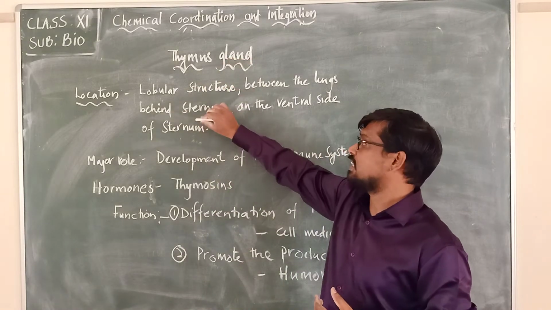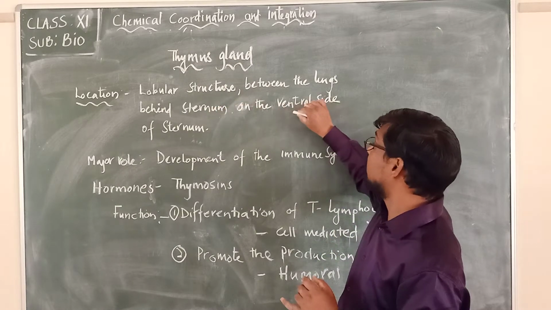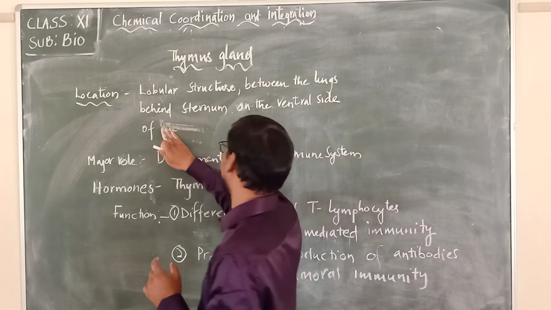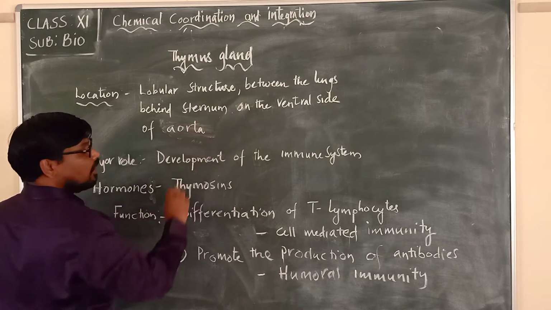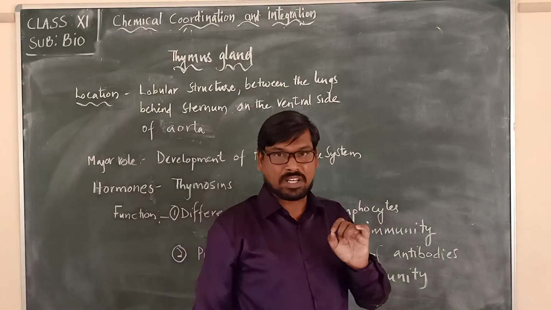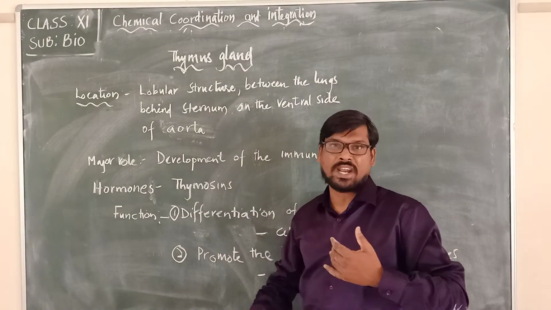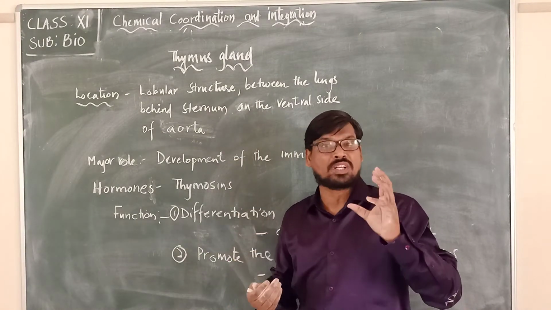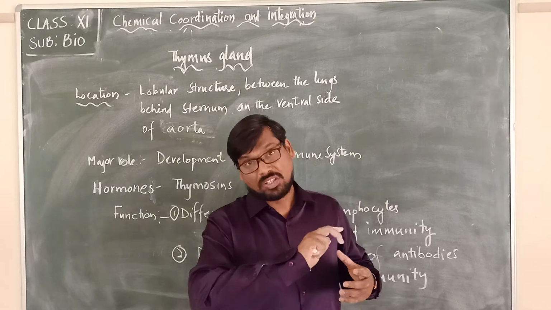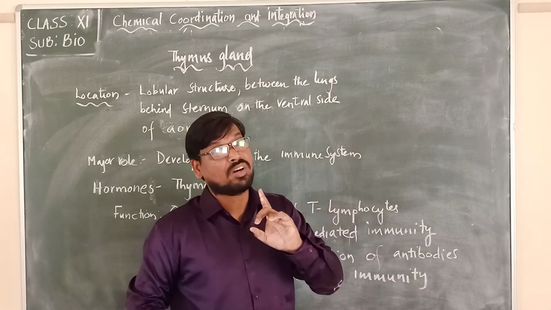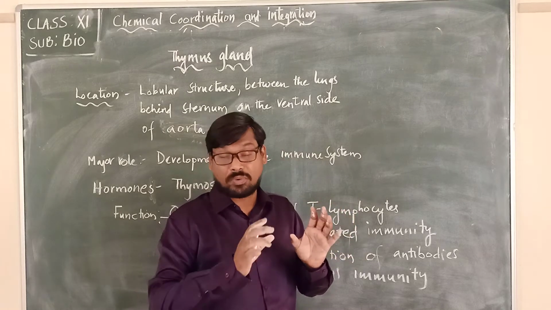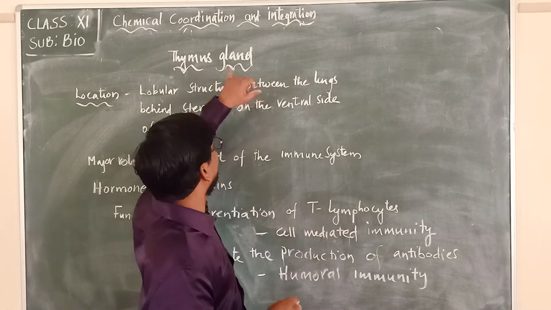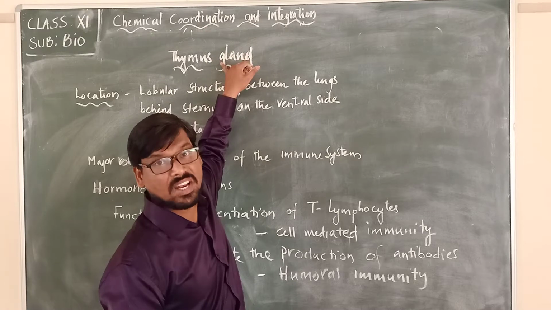Just behind the sternum, the thymus gland is present on the ventral side of the aorta, the great blood vessel arising from the left ventricle. So from behind the sternum and in front of the aorta, the thymus gland is present.